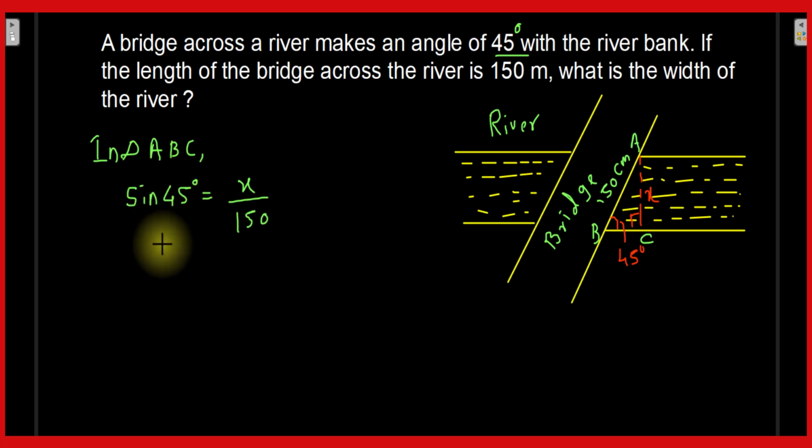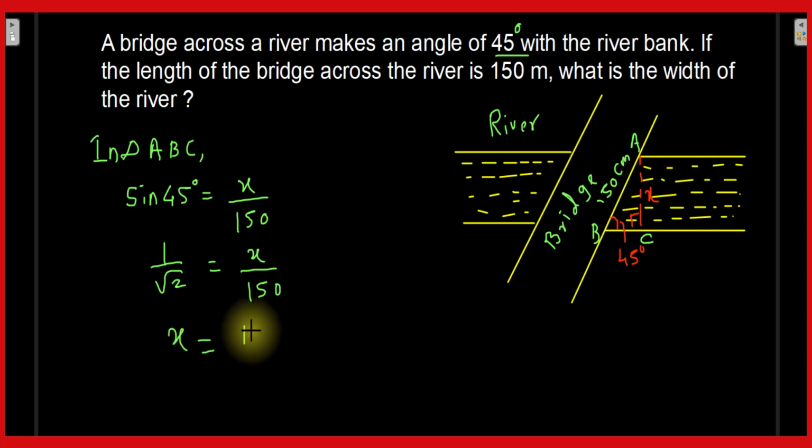Sin 45 is 1 upon root 2, that is equal to x upon 150. Now take 150 to this side, so you will get x is equal to 150 upon root 2.